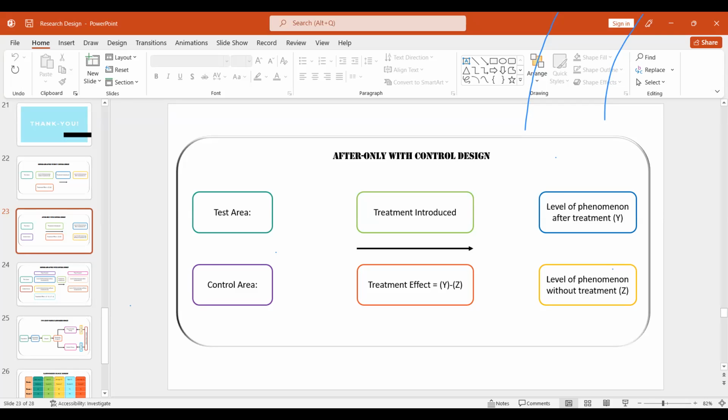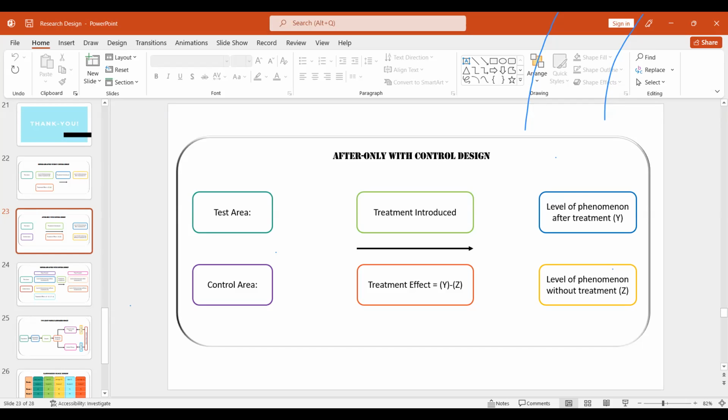The dependent variable is then measured in both the areas at the same time, that is, treatment introduced as well as the level of phenomenon after treatment. So treatment impact is assessed by subtracting the value of the dependent variable in the control area from its value in the test area, like Y minus Z. So of course this design can be represented like this.